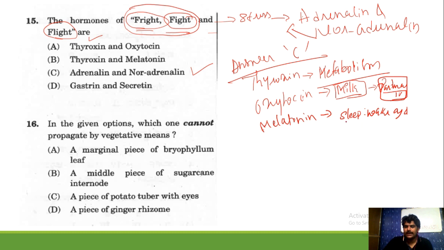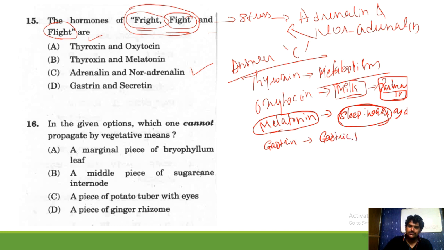Our complete sleep and wake cycle is maintained by the melatonin hormone. Don't confuse it with melanin pigment. Okay, then the last one is gastrin. It stimulates the production of gastric juice, that is HCl, right? Yes.